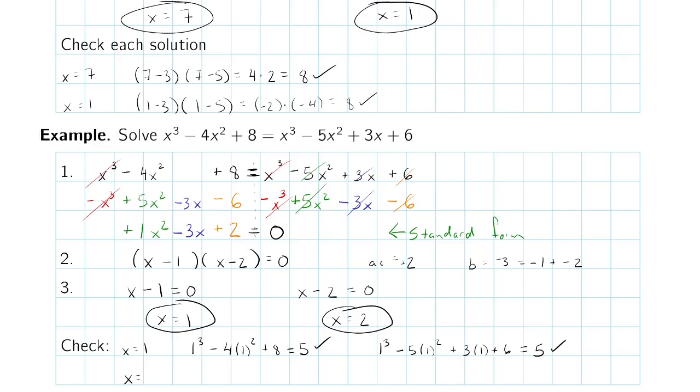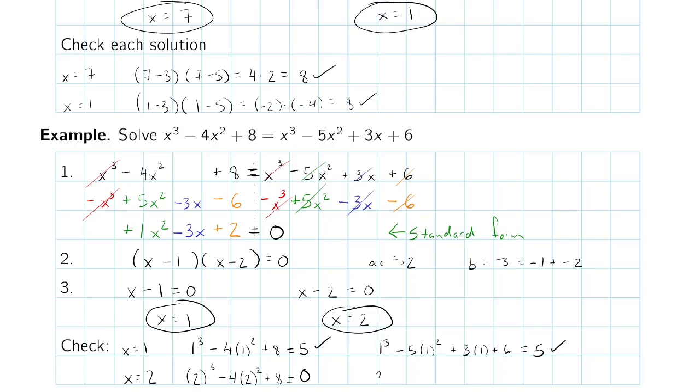When I plug in x equals 2, on the left, I'll have 2 to the third minus 4 times 2 squared plus 8. And I think that's a job for a calculator. On the left-hand side, I happen to get 0.